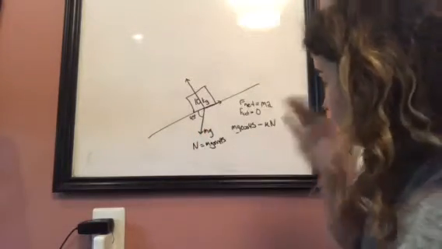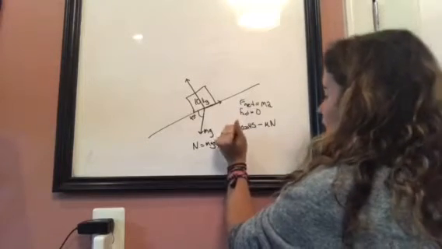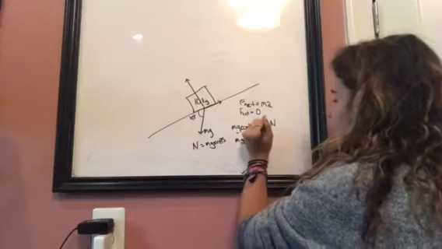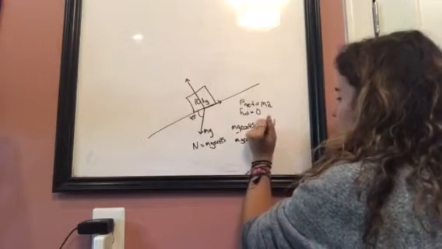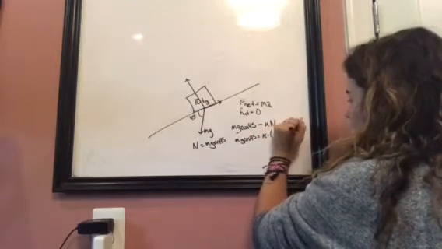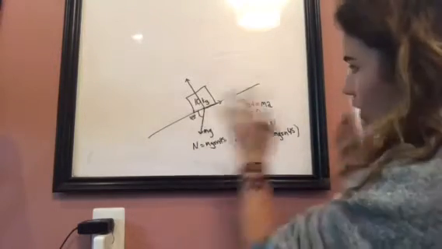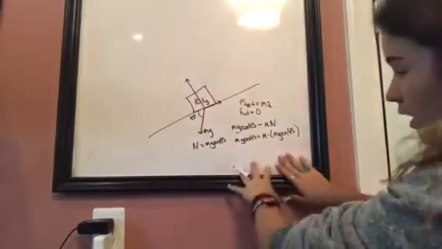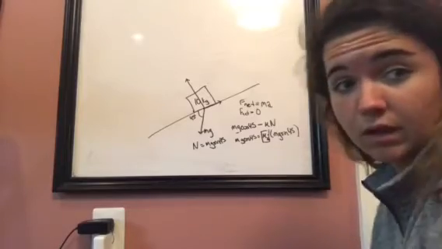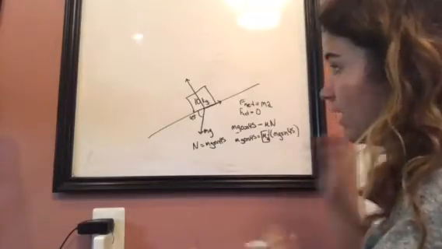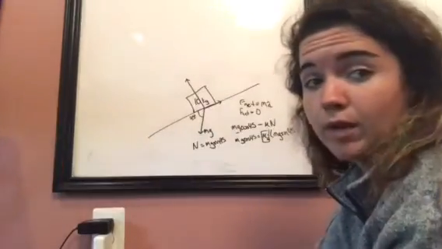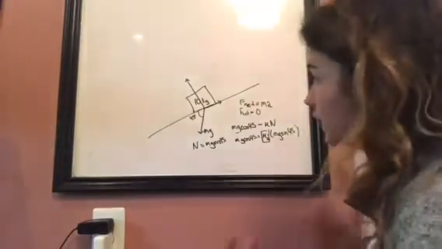So we can plug that in, and you're going to have mg cosine 45 is equal to mu times mg sine 45. Now, I'm not going to go through all the extra work, but basically you have the setup there, and you're solving for the static friction constant. That's the basic setup of any problem like that. The best advice I have for you is to use a free body diagram. It can be really helpful to visually see it. At least I'm a visual learner, and I enjoy seeing things visually.